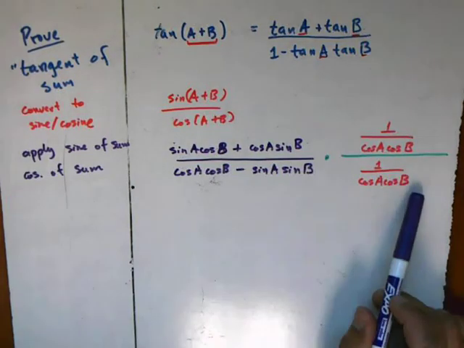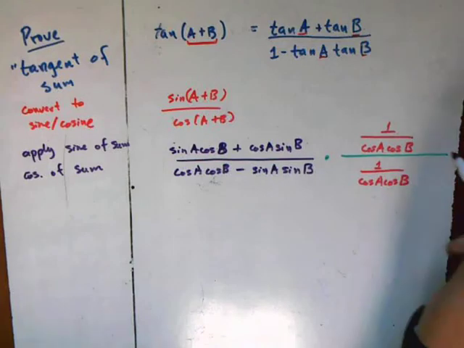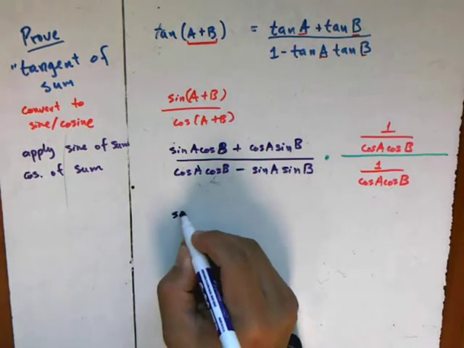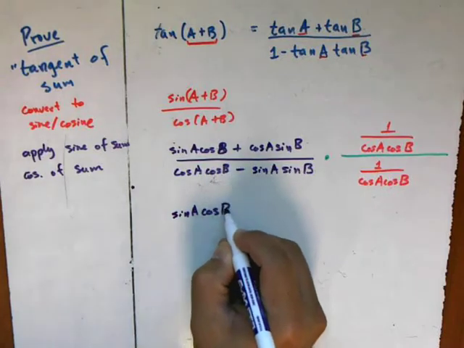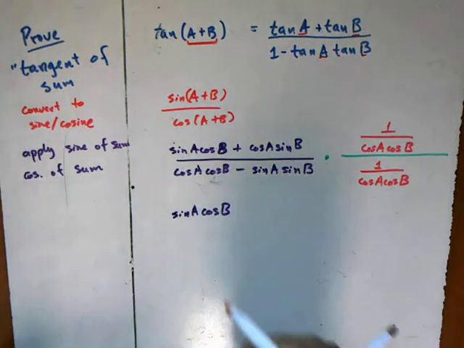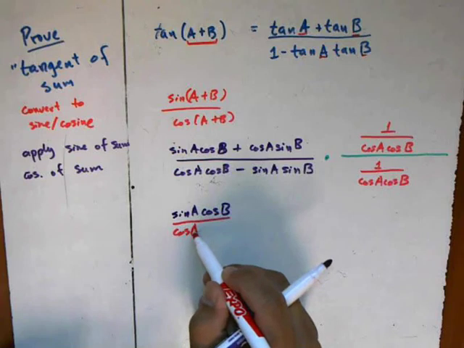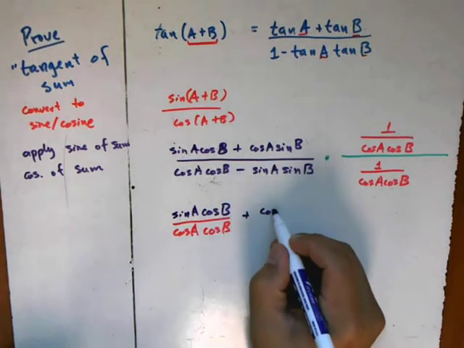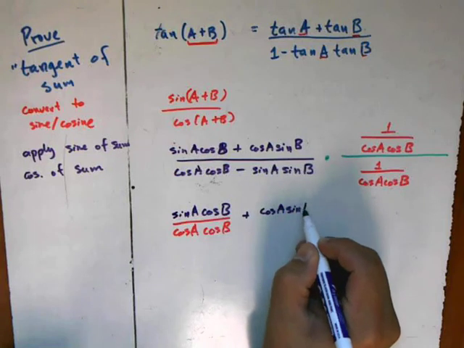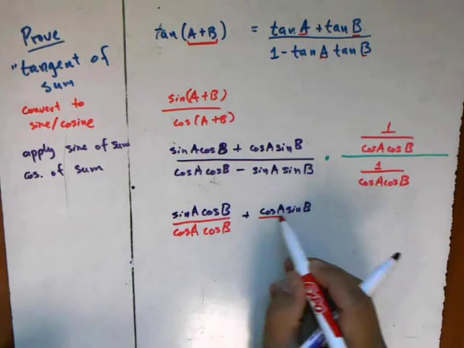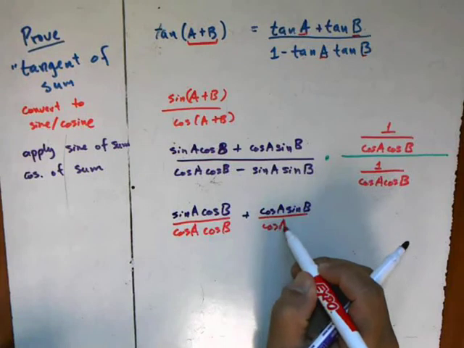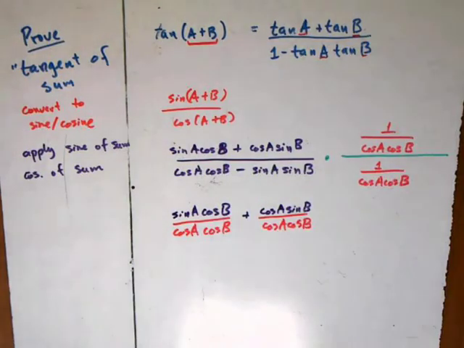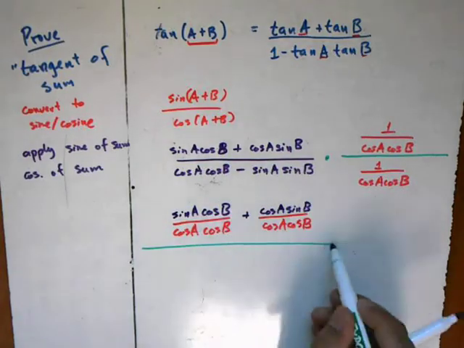So when I get to this point, I'm just going to distribute this entire term over to these sides. Now I get sine A cos B divided by cos A cos B, plus cos A sine B divided by cos A cos B. That takes care of the top of the fraction.